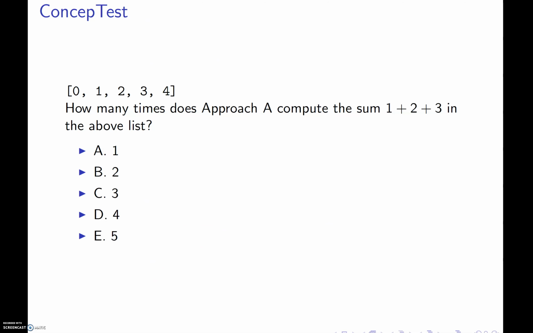So how many times does approach A have to compute the sum 1, 2, 3 in the above list? Well, let's think about it. Let's go through. You start at 0, where it's going to compute it 2 times with your lower value being 0. So 2 times, keep track of that in your head. Then our lower bound becomes 1.